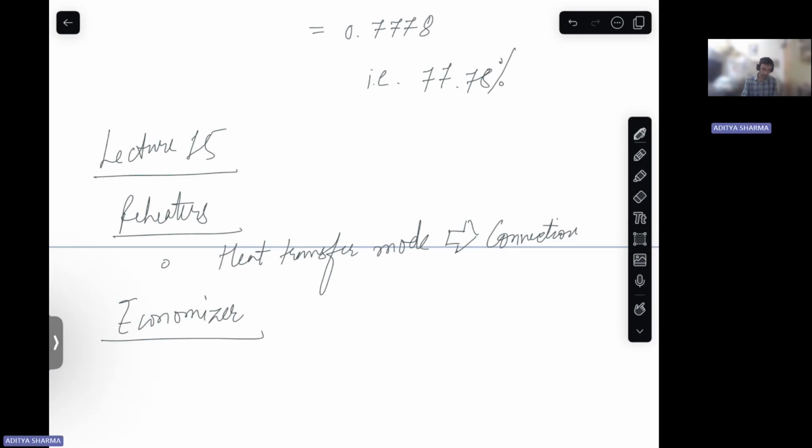Here also the major heat transfer mode is convection.